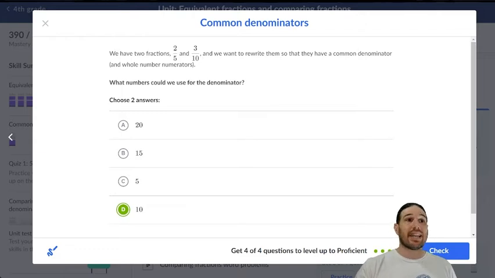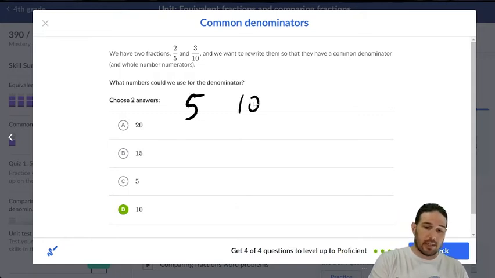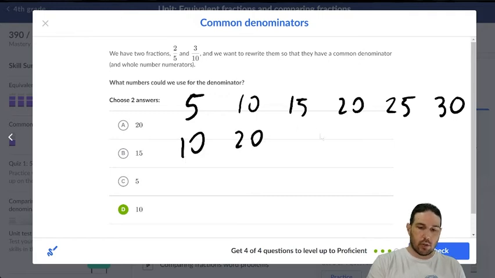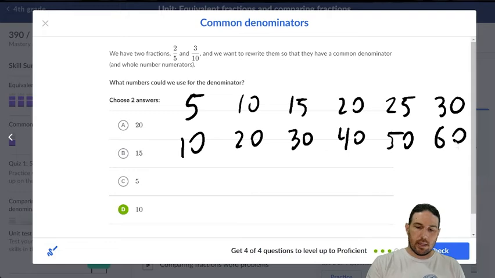If we list out the multiples of 5, 5, 10, 15, 20, 25, 30, and then we list out the multiples of 10, 10, 20, 30, 40, 50, 60, you'll find that we're going to get lots and lots of multiples that work.